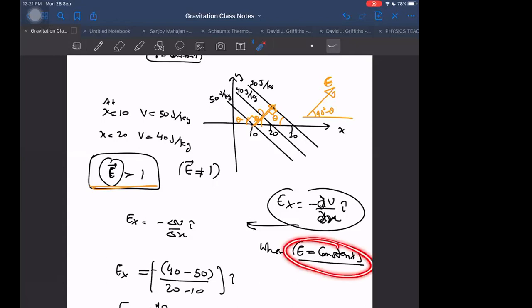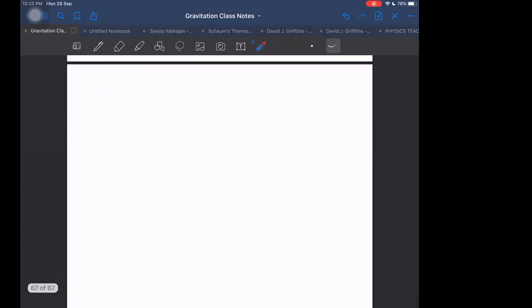But one point still remains. How do I know that E is constant here? Okay, let me tell you one thing about equipotential surfaces by which you can tell.